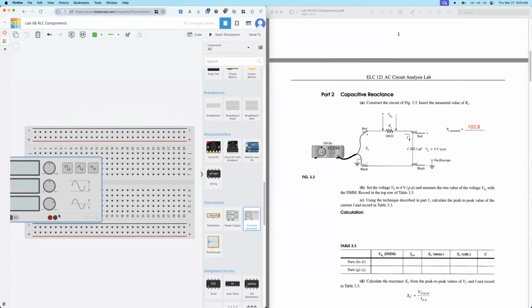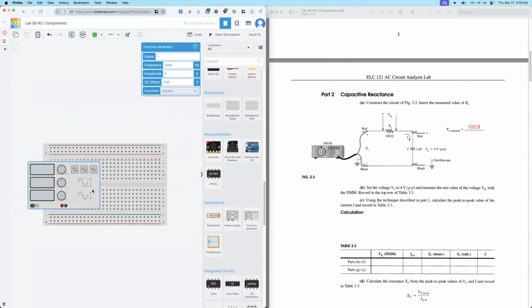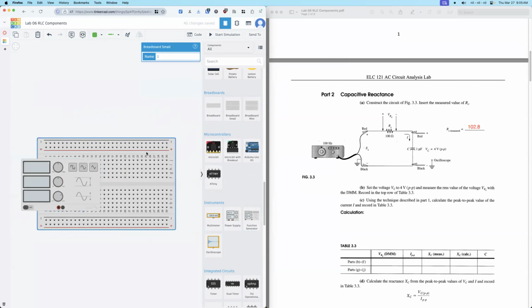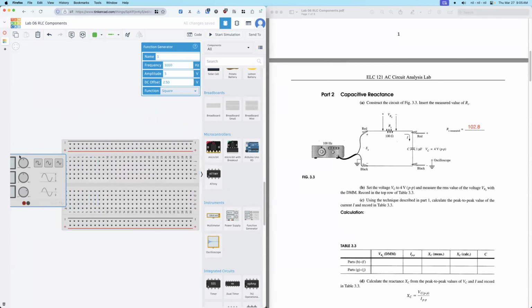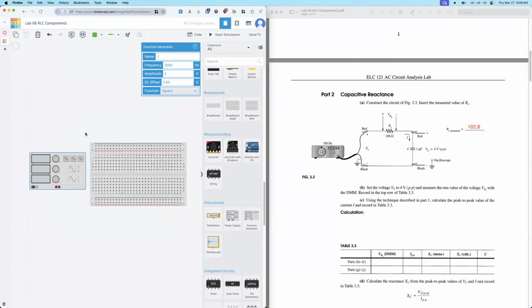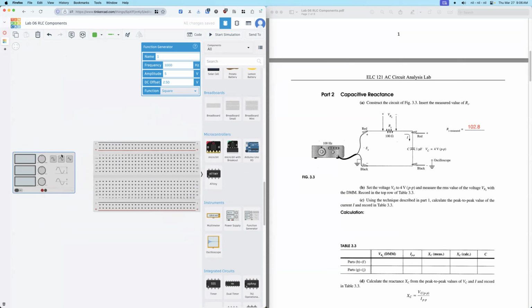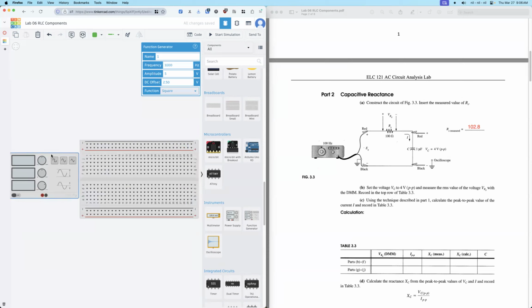Maybe put it here, then make this smaller. Let me zoom in a little bit.